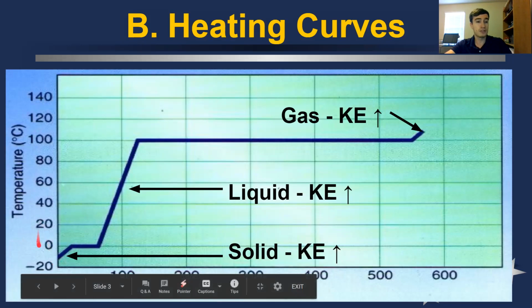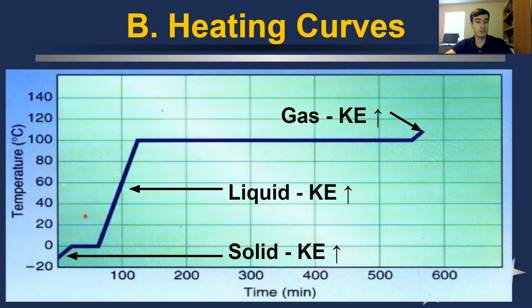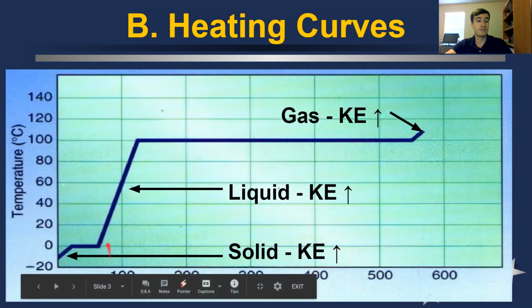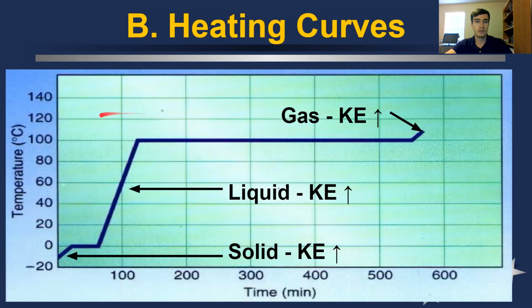Once we hit 0 degrees Celsius, which is the melting point of water, we have a phase change. So we'll talk about it in a little bit more detail in the next part of the notes. But whenever you see these flat areas of the curve, that means that a phase change is going on.